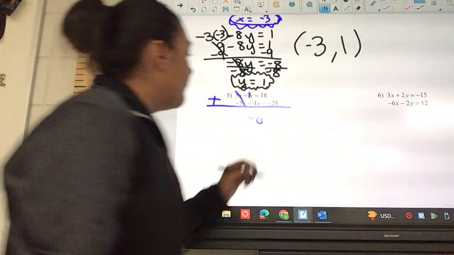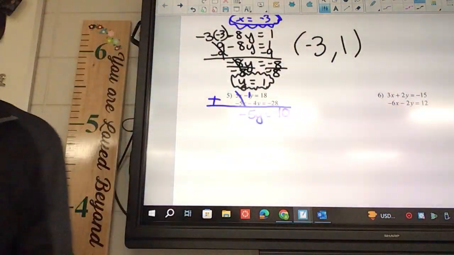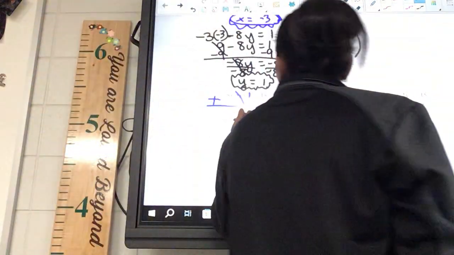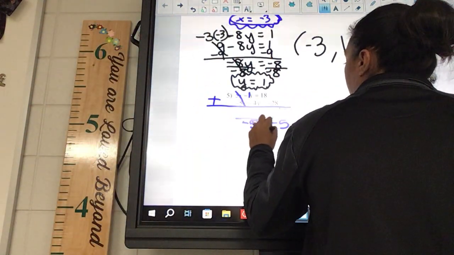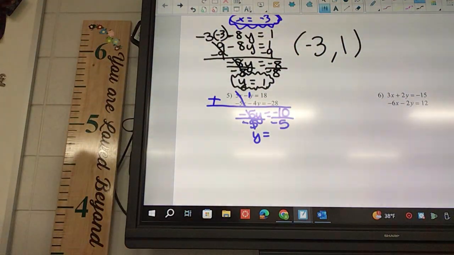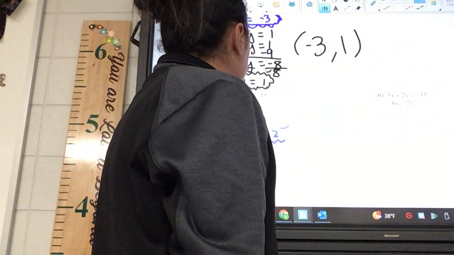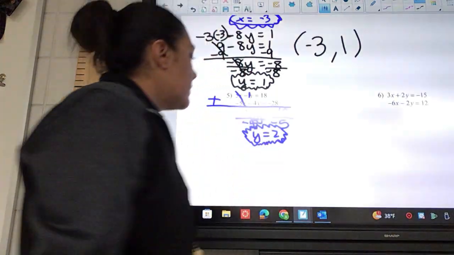Negative 10. Then what needs done? Divide by negative 5. So we get y equals, what is negative 10 divided by negative 5? Positive 2. Draw a crazy box around this guy, just to help you keep track of your stuff.